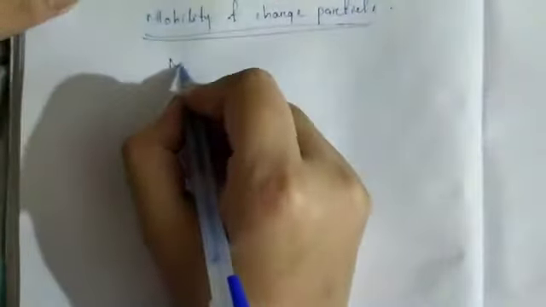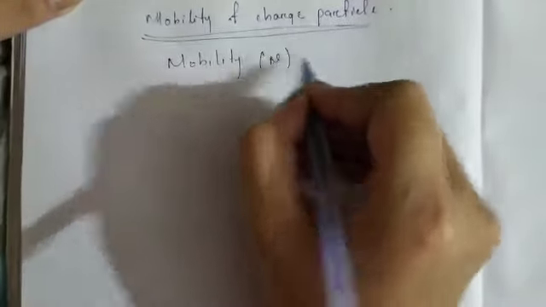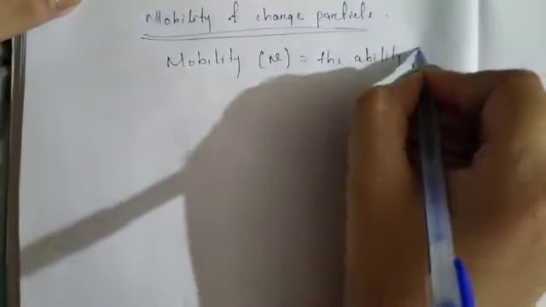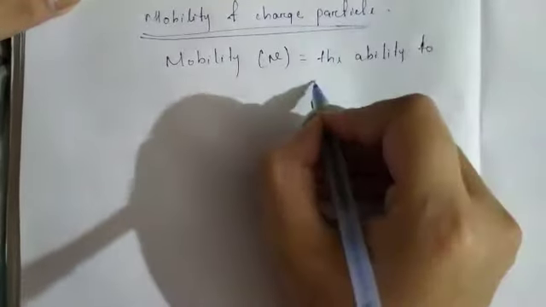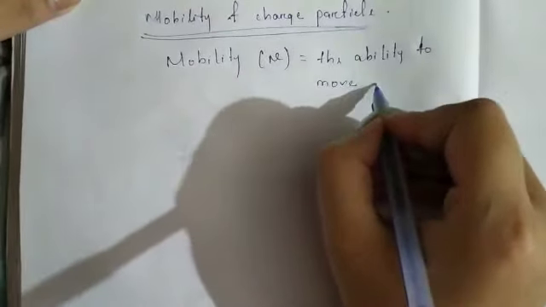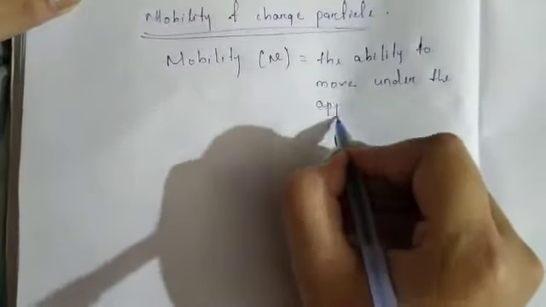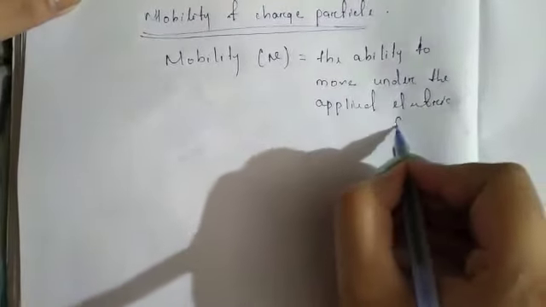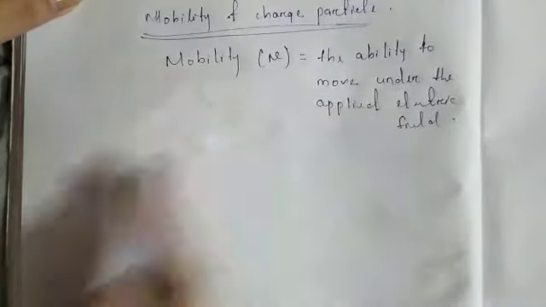So normally mobility, which is represented as mu, is known as the ability to move under the applied electric field. So mobility means the ability to move under the applied electric field.